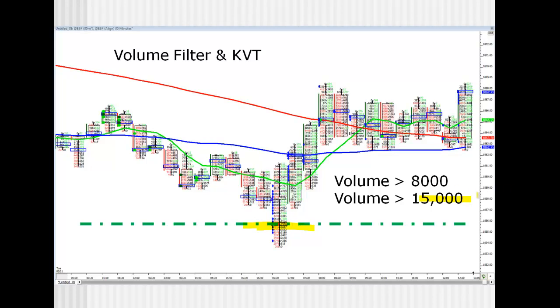So if we ever come back to revisit this level, I have to look at it, and I always look back and see, are we going to find the same behavior reoccur, or have things changed in the market? If this buyer is still committed, then I am likely to see the same impact again, and prices will start to go up if we come back and visit this level.